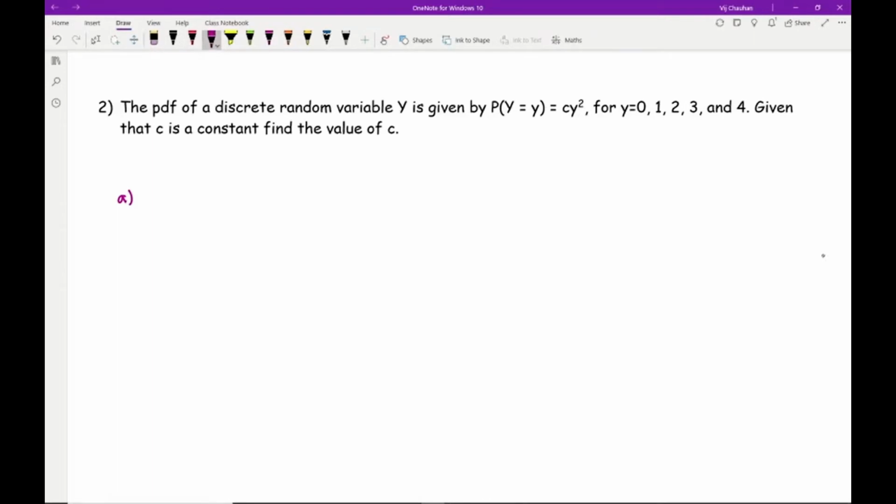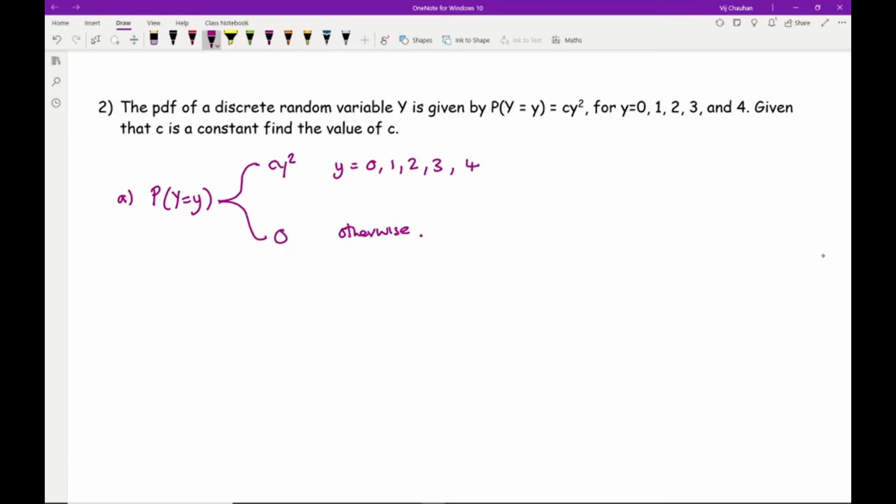So here we've got the probability that Y equals y, and we've got a formula which is cy squared, and the possible values of y are 0, 1, 2, 3 and 4. And it's 0 for all other values that y could possibly be. Now this is not essential because it's the PDF, but it's just written in this form.